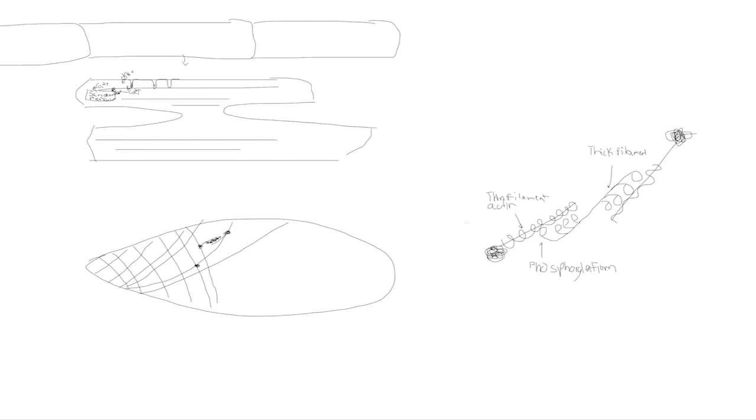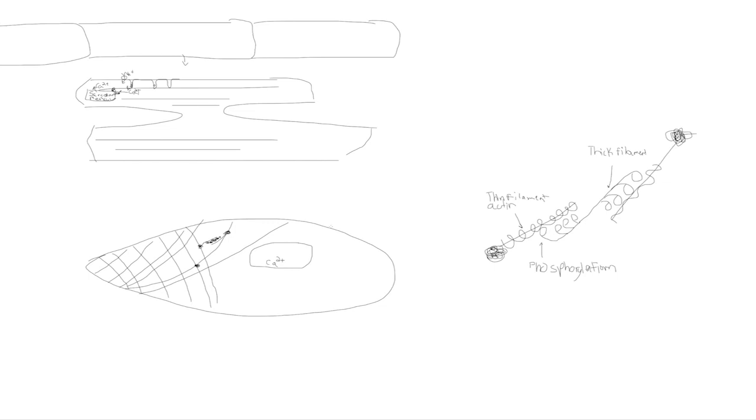Now, how do we regulate the phosphorylation of these myosin heads, right? Okay, so what happens is we have our sarcoplasmic reticulum here, and it's going to be containing calcium. Okay, not to scale or anything, just to give you an idea. It's going to have some calcium in it.